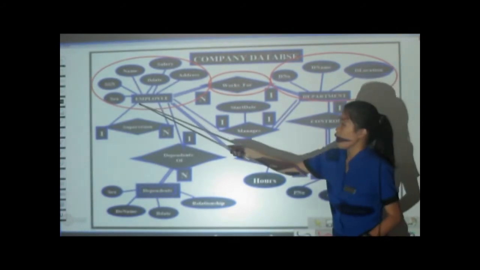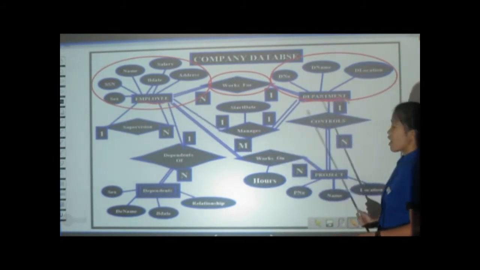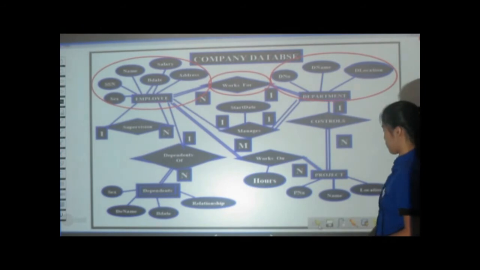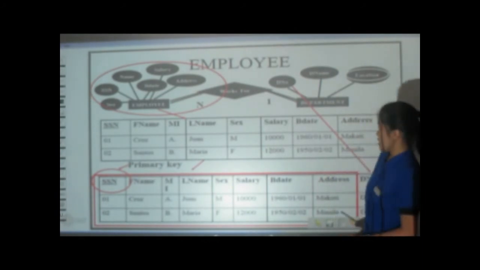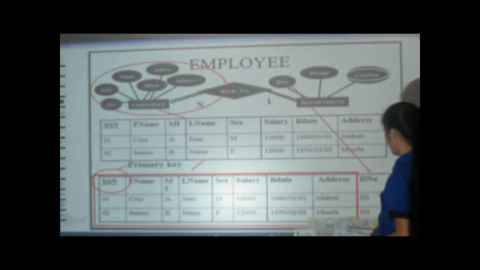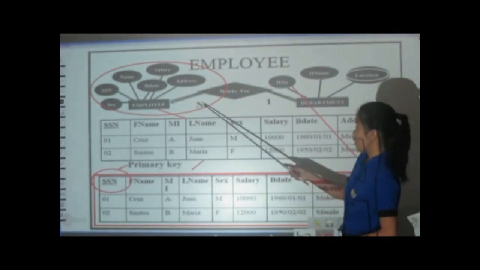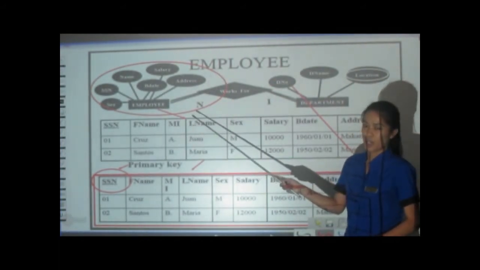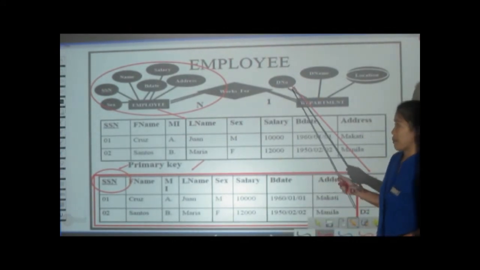The employee is the N side and the department is the one side. On the table, for the N side, which is the employee, we include all the simple attributes of an employee on the table and only the primary key of the department is included.